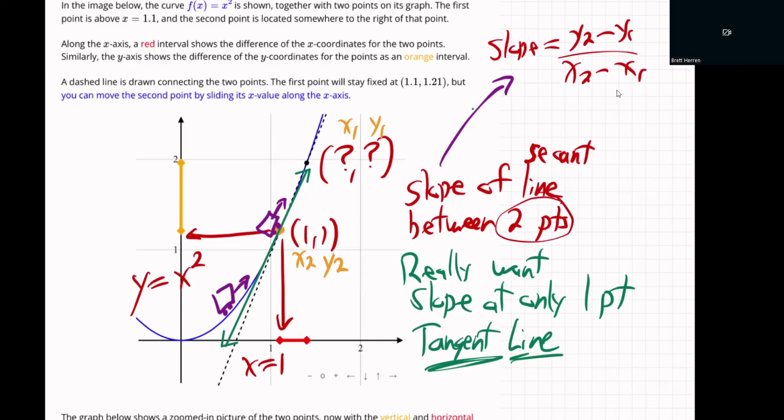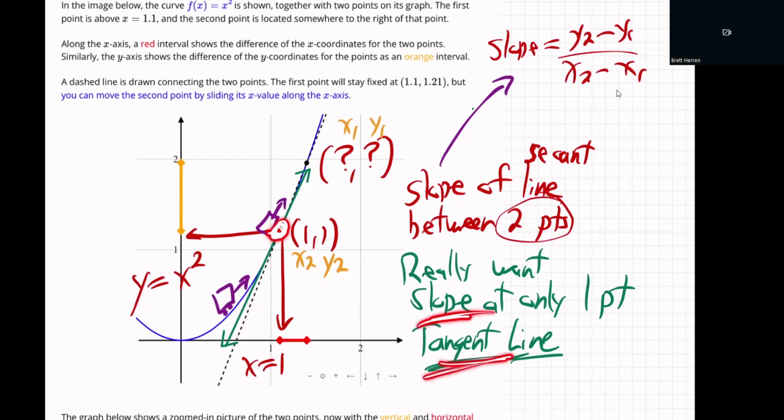But in real life, engineers and all the science that uses this math want to know the slope right at this 1 point, not 2 points. I don't want to know the slope from there to there. That might be useful at times, but more importantly, I'd like to know the slope right at that 1 point.